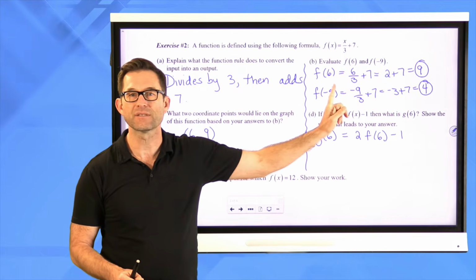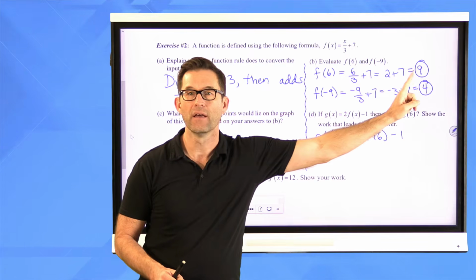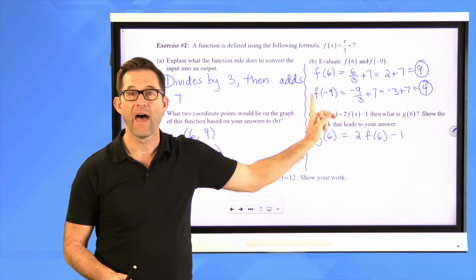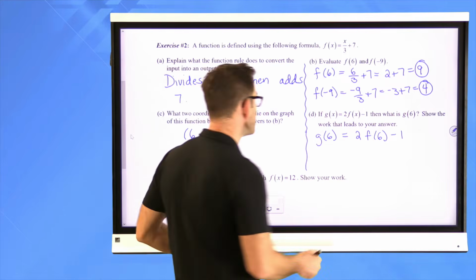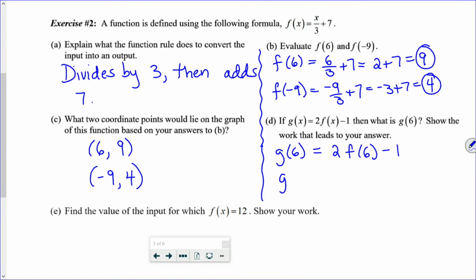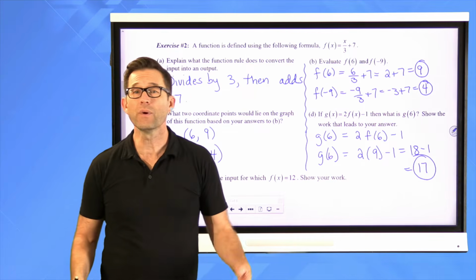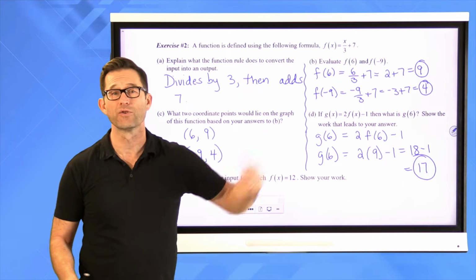f of 6 is equal to 9. There it is. So now I can say, since g of 6 is equal to 2 times f of 6, then that must be 2 times 9 minus 1, which is 18 minus 1, which is 17. And really, what does the rule for g of x state?